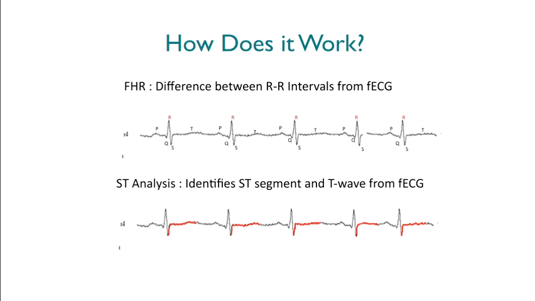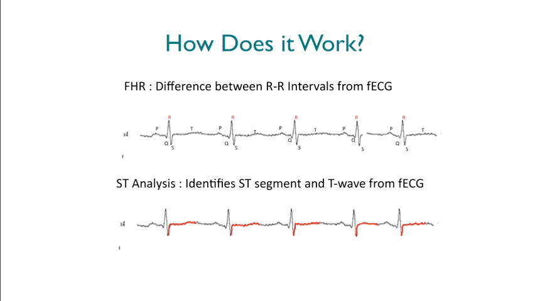Now, the regular electrode is actually detecting the R wave, because that's the highest peak of the EKG wave. It's measuring the distance between the R peaks, the RR interval, and then calculating the fetal heart rate from the RR interval.